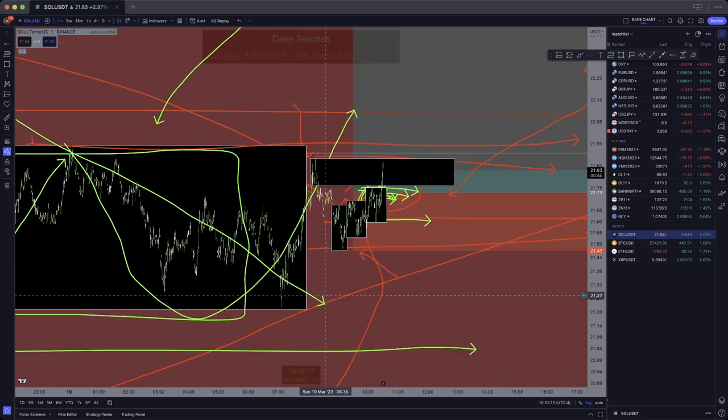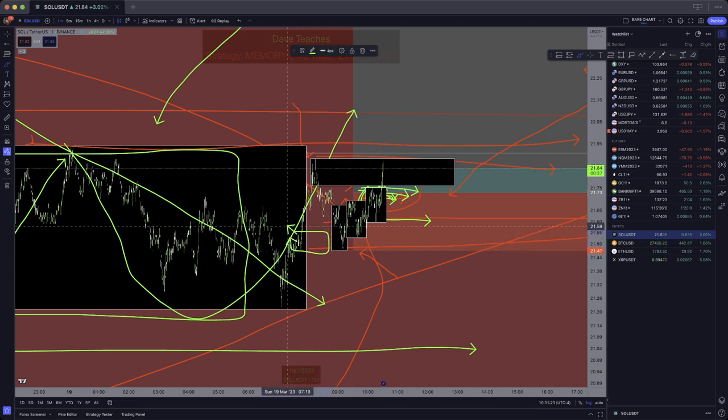Because let's say you grab a zone down here. Let's say you grab this. This is the S&D responsible for the breakup structure right here, for the breakup structure to the downside, right? And we violate it.